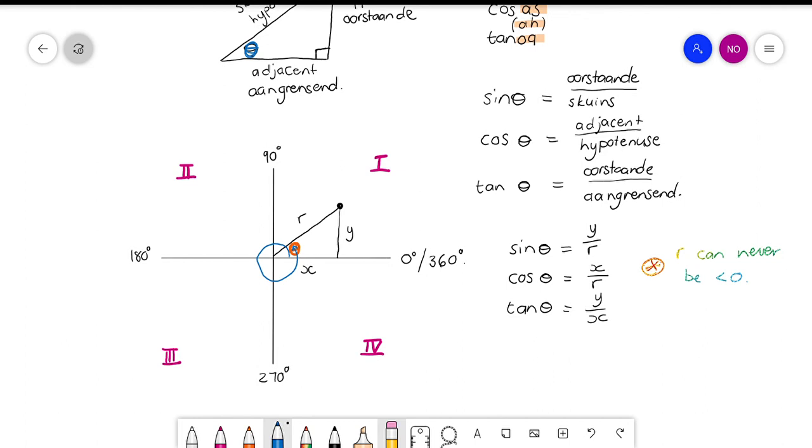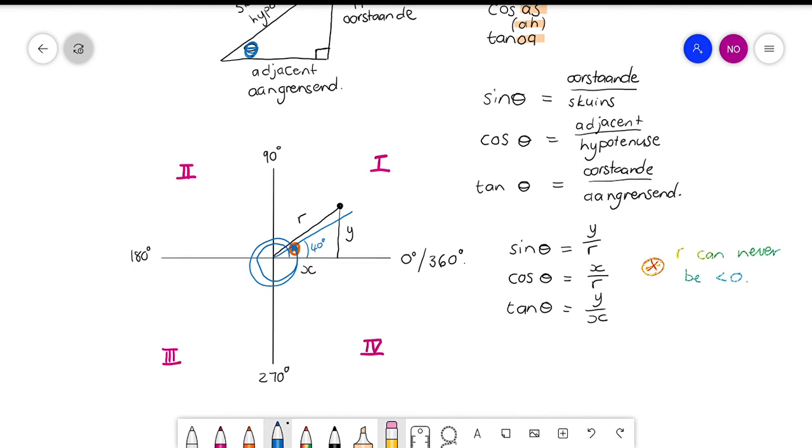Because if I take 400 and I subtract one full rotation, as ek een hele omwenteling aftrek, what am I left with? With 40 degrees. And where is 40 degrees? In 1. Okay? So sê nou maar, ek trek nou hier lyntjie vir 40 grade. Sê nou, daar is 40 grade. Stem julle saam, ek kan enige hoeveelheid keer omgaan.